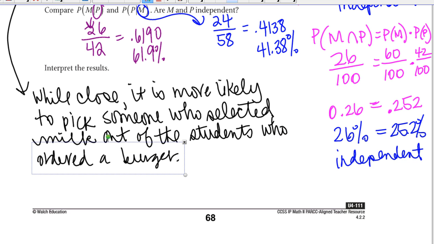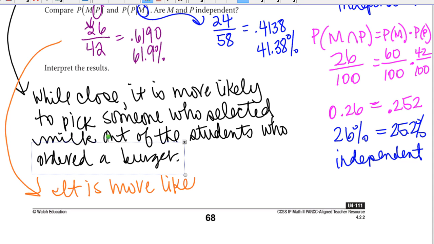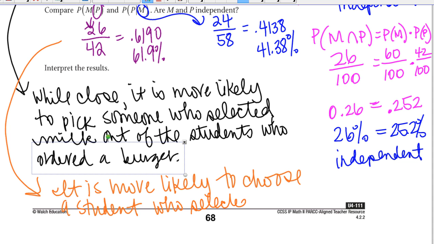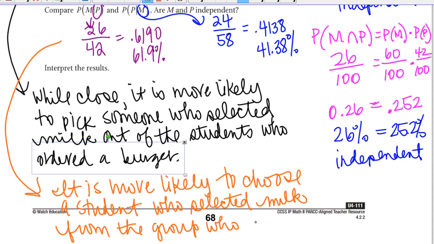And then for the second one, it is more likely to choose, which one was more likely? A student who selected milk from the group who ordered pizza.